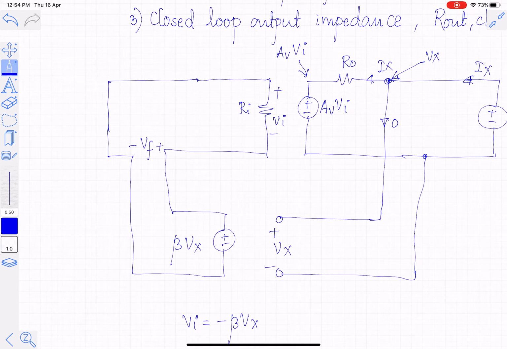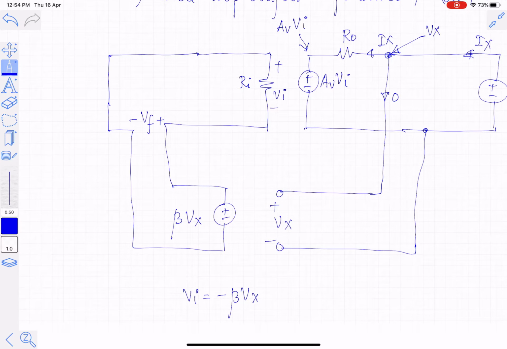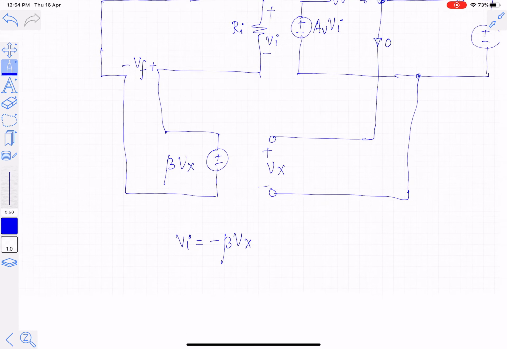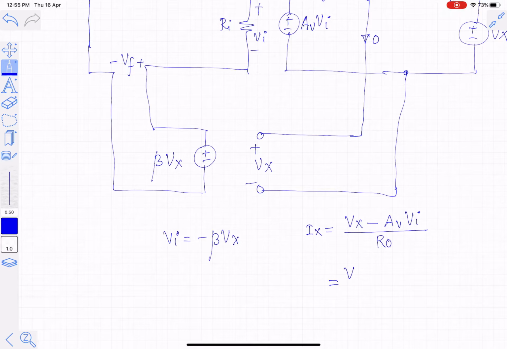So the current flowing through RO is Vx minus AV into Vi divided by RO, so we can write Ix is equal to Vx minus AV into Vi divided by RO, and AV into Vi can be written as Vx minus AV, Vi is minus beta Vx, plus beta Vx divided by RO is Ix.